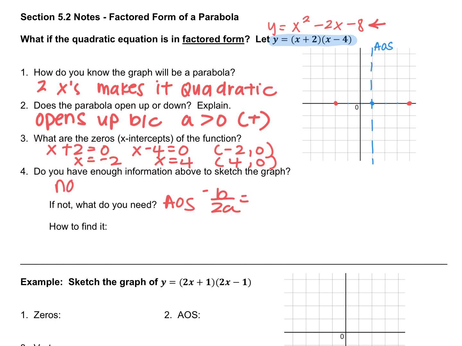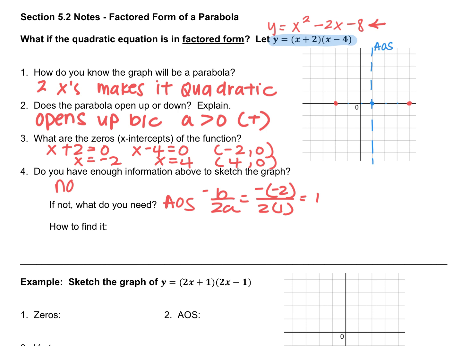So it would be negative negative 2 over 2 times 1, which is what? 2 over 2? 1? So my axis of symmetry is at 1, which, yes, you can totally just graph the points and find the middle, right?